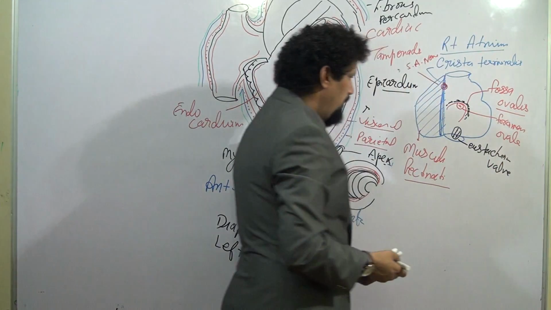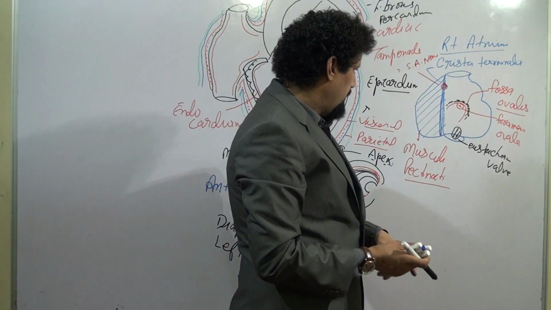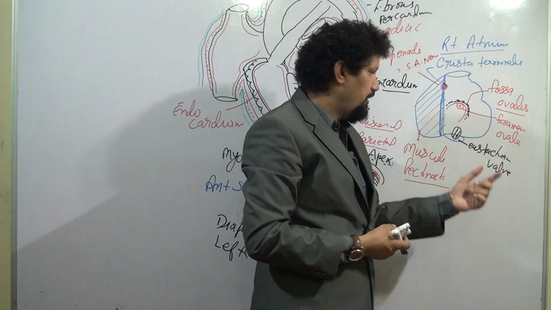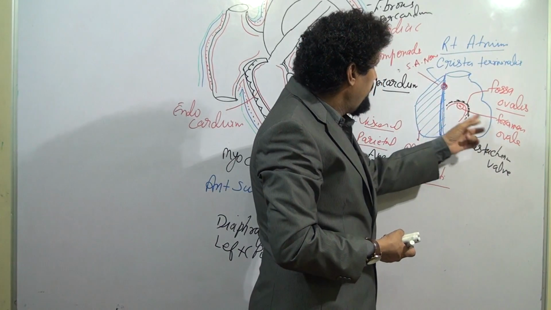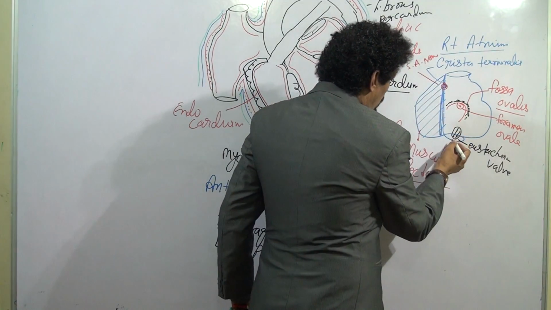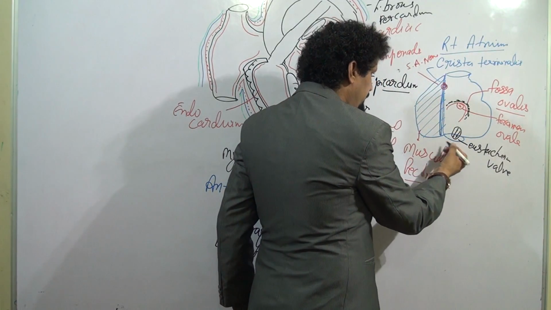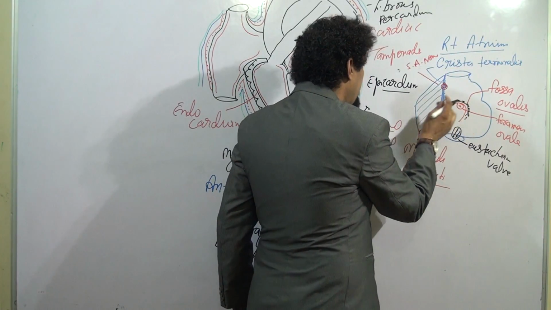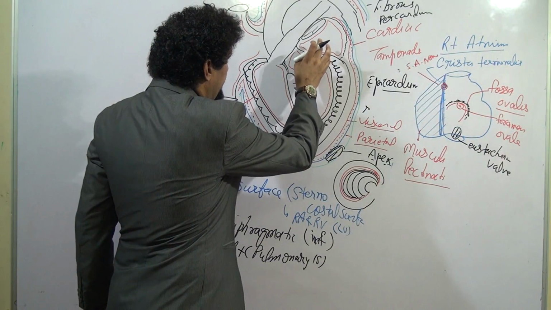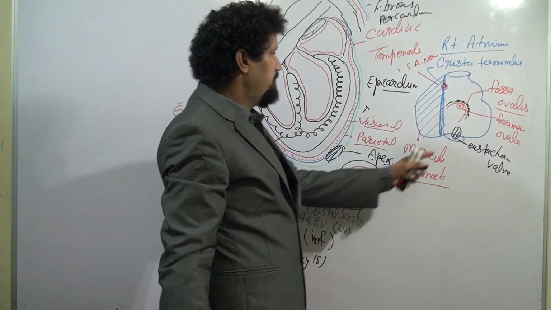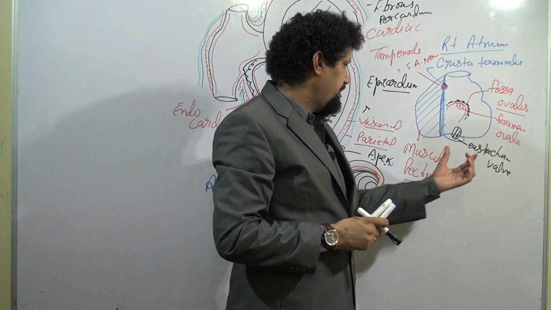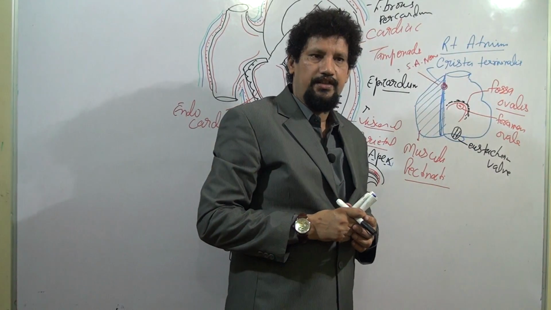This wall guides the blood which is coming from the mother towards the foramen ovale, and this blood, which is oxygenated blood during fetal life, enters from the right atrium to the left atrium through this foramen ovale. So the Eustachian wall is present in adult life, but it is non-functional.